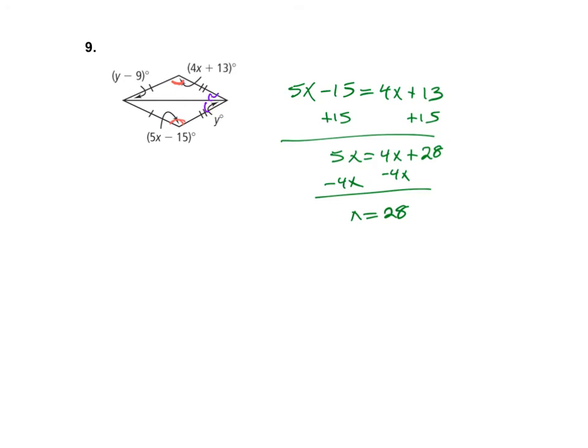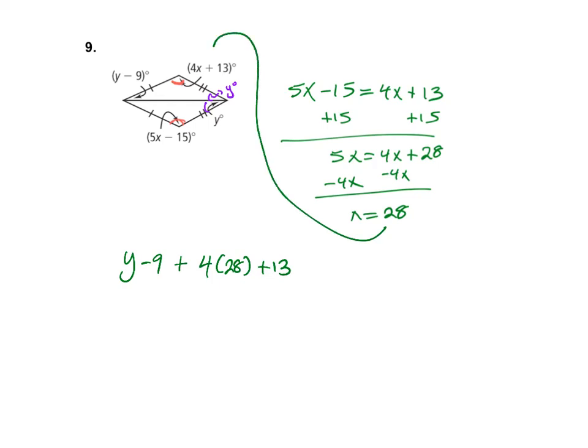So this one is also y, right? So I have y minus 9, plus 4 times 28 plus 13. So I'm substituting that right there, okay? Plus y equals 180. I have a triangle up here, right? So because that one is y, so y plus 4 times 28, because I already know x, plus y minus 9 equals 180.